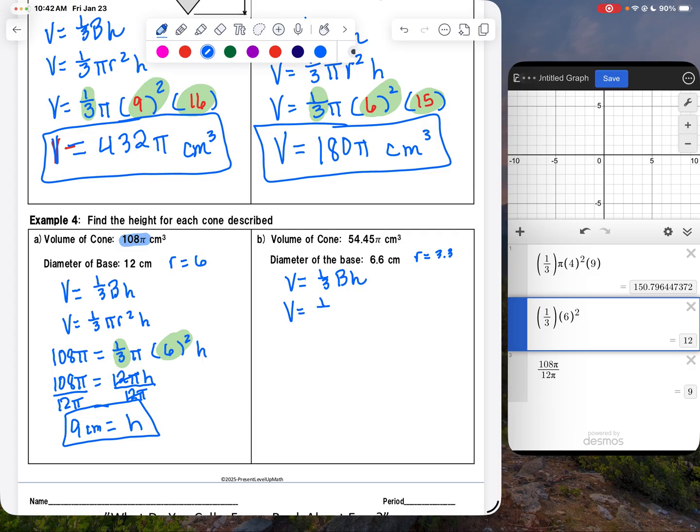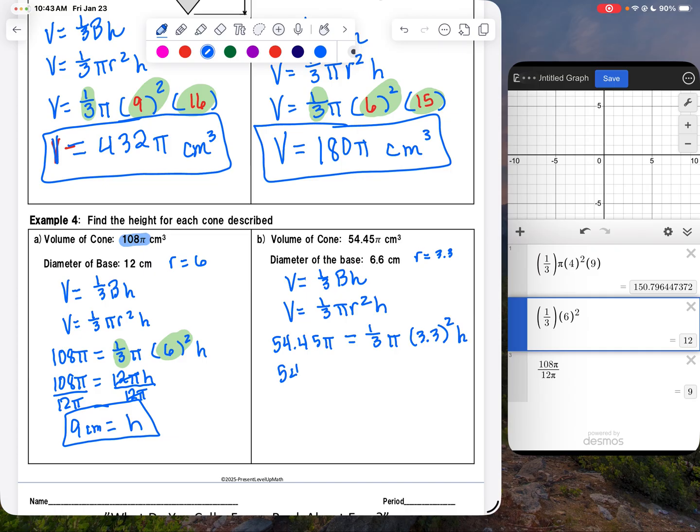So our volume is 1/3 pi r squared times the height. Now plug in what I know, 54.45 pi is equal to 1/3 times pi times 3.3 squared times h.